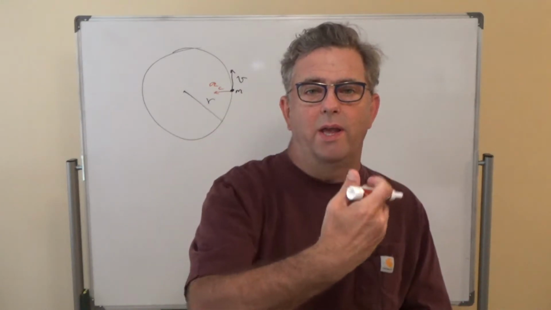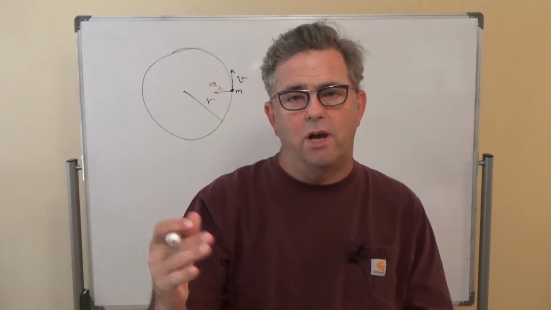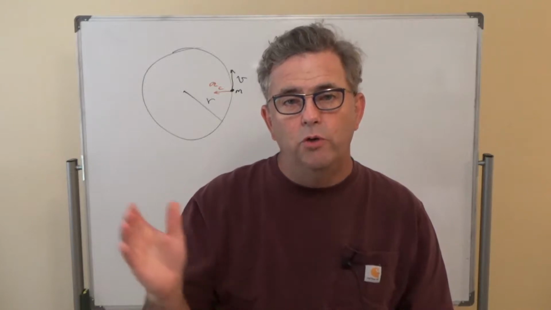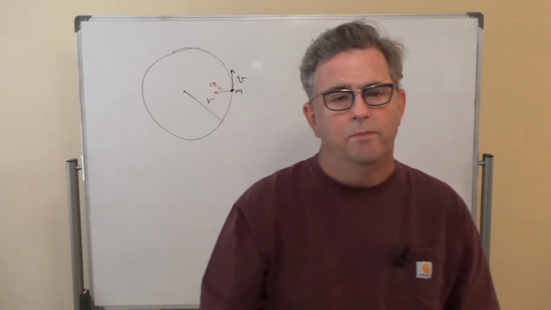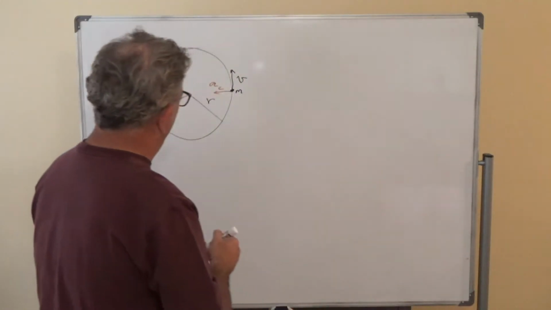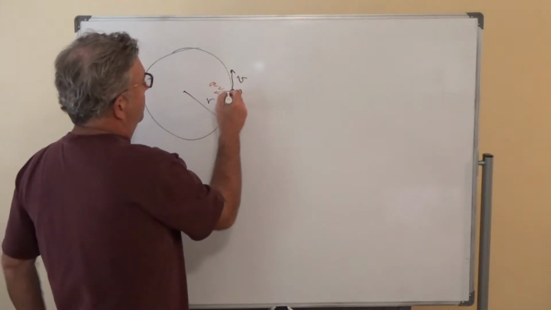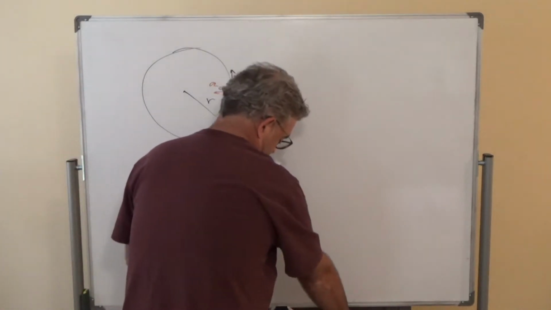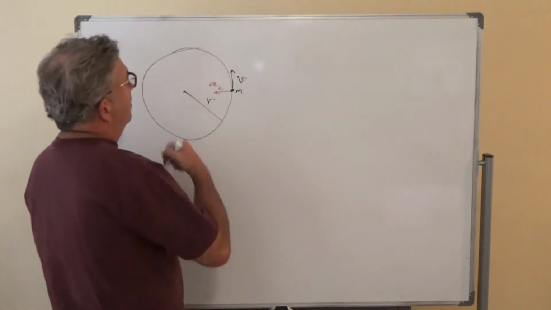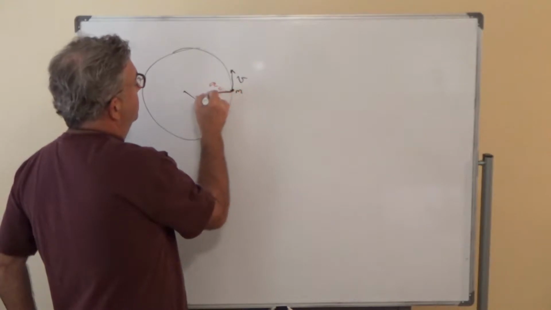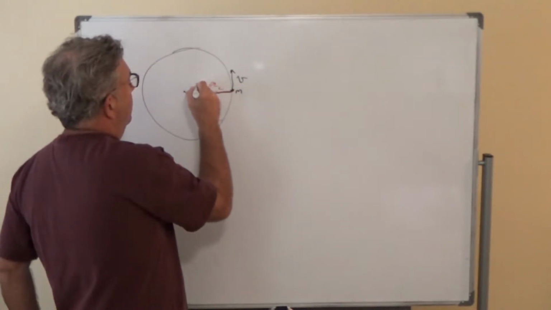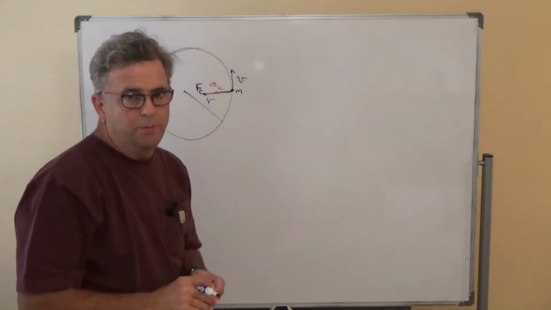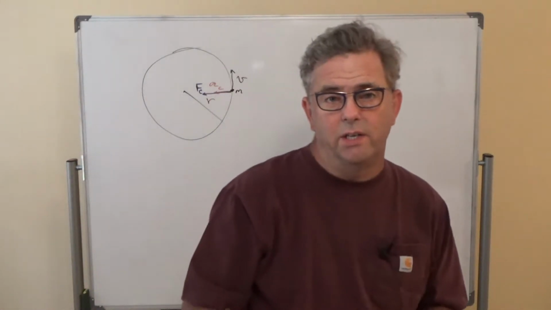For it to go in a circle, it requires some force, an external agent to move that object in a circle. That force is in the same direction as the centripetal acceleration. I'll try to draw it here. That's F, I'll call it F sub C, F centripetal. That's a center-seeking force.